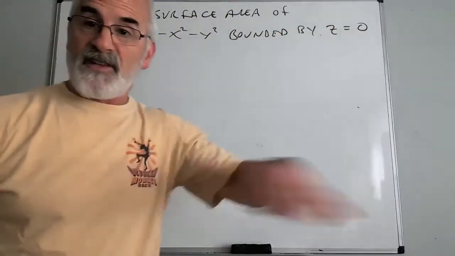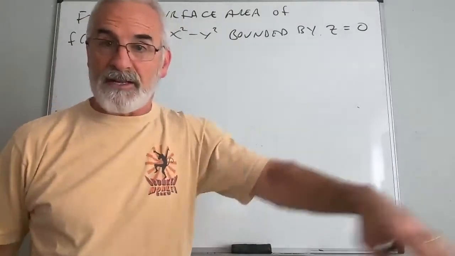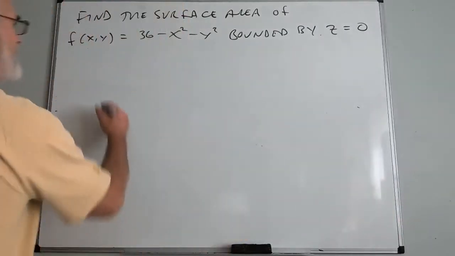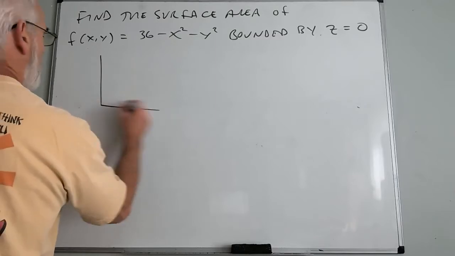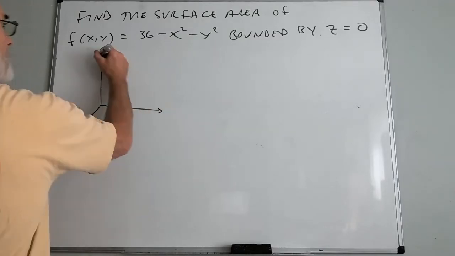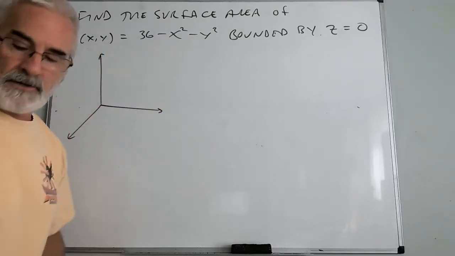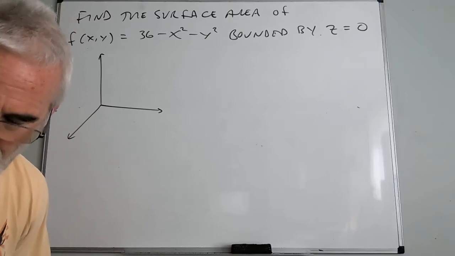Z equals 0 is the xy plane. So I have the xy plane cutting something off. So what does that look like? Well, this is a downwards opening circular paraboloid.